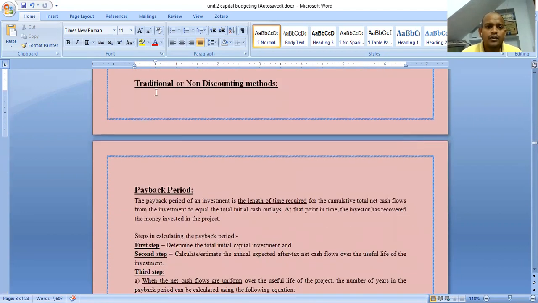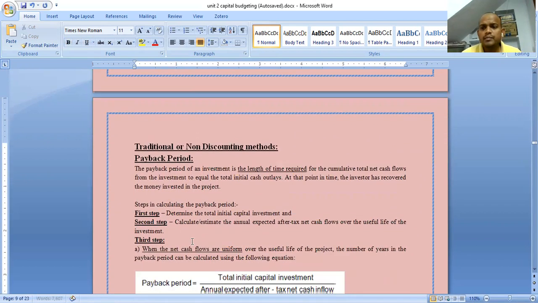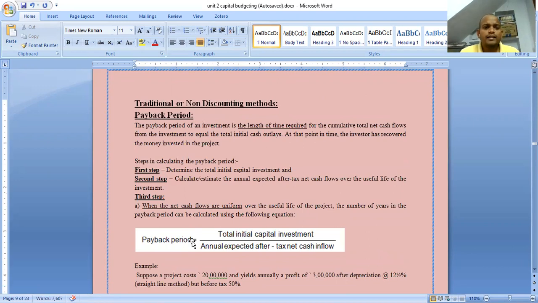Traditional or non-discounting methods. First one is the payback period method. The payback period of an investment is the length of the time required. Simply, whatever we are paying, in how much time will it take to get it back.